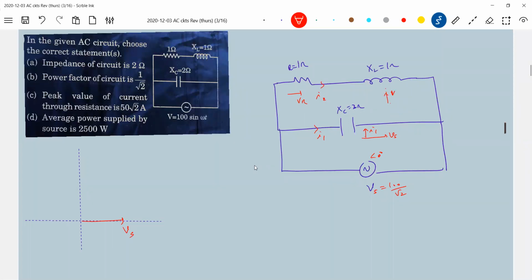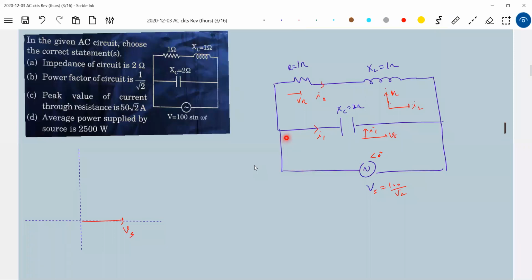It should be like this. So this should be the condition. I am assuming this to be the total current.